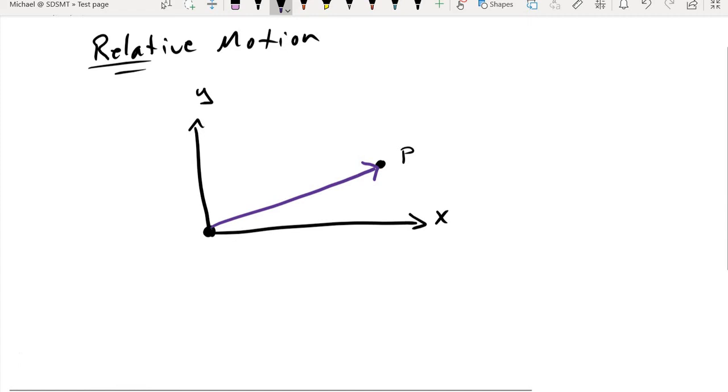Now if I want to allow that particle to move, I can displace it from one location to another. I can then time that displacement to describe its velocity. And if the velocity is changing, I can then measure that change in velocity as an acceleration expression.